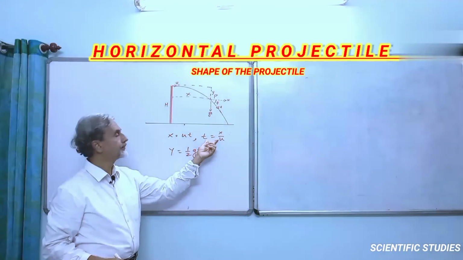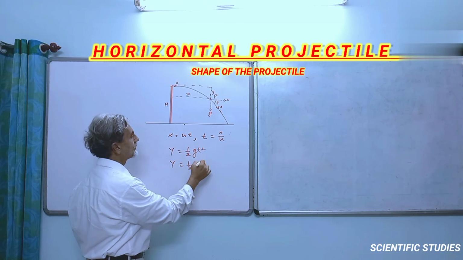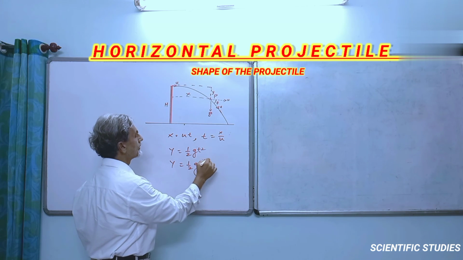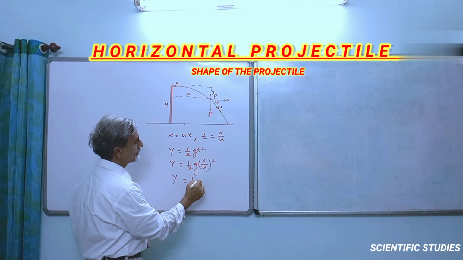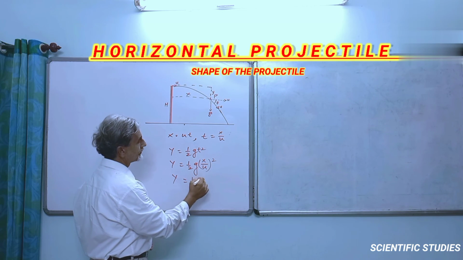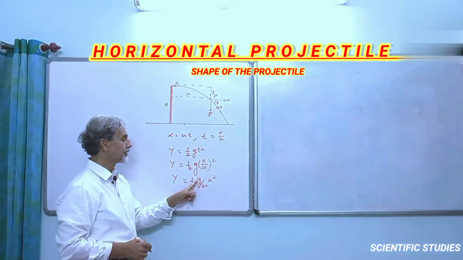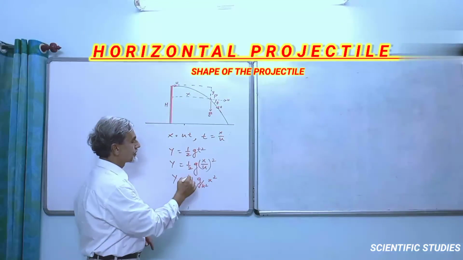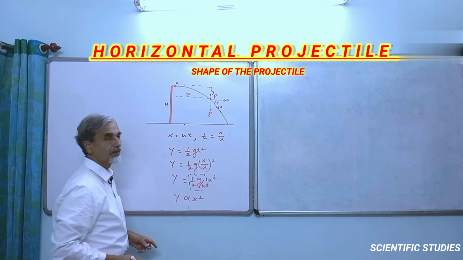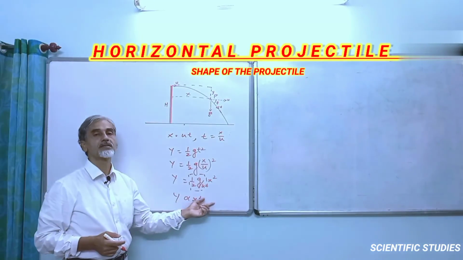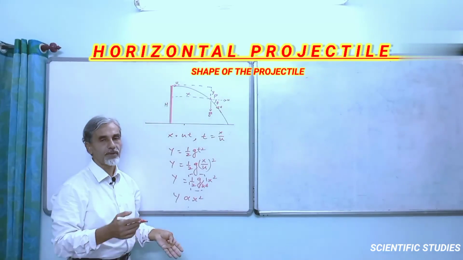Substitute this t in this equation. y is equal to 1 by 2 g into x by u the whole square. That is y equals 1 by 2 g by u square into x square, and g is a constant, u is constant, so this term is constant. That is y is proportional to x square. y proportional to x square represents the equation of a parabola. That means the projectile is parabolic in shape.